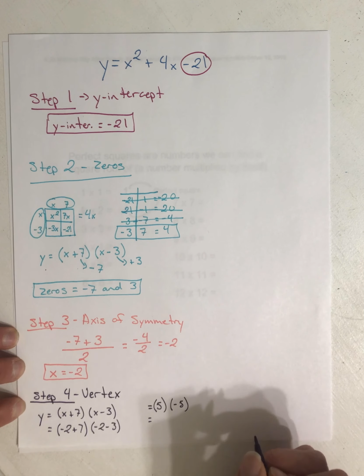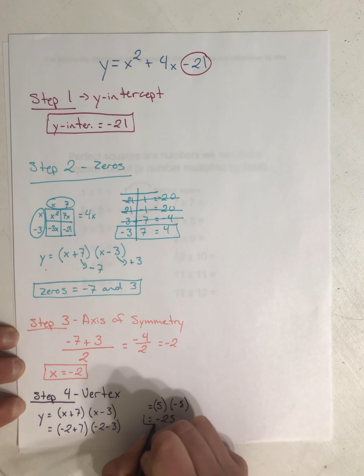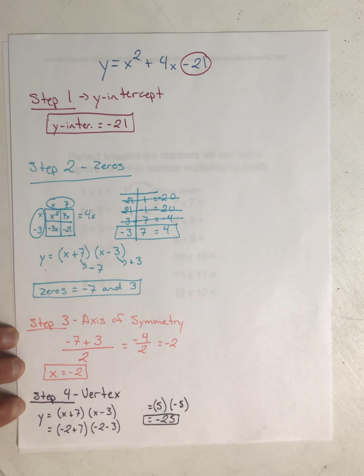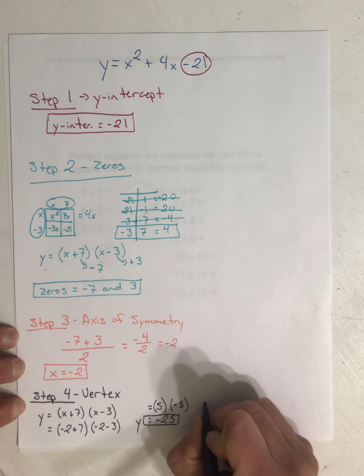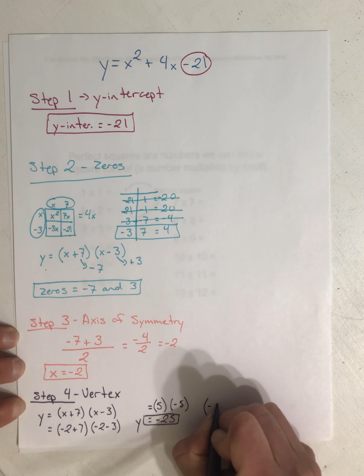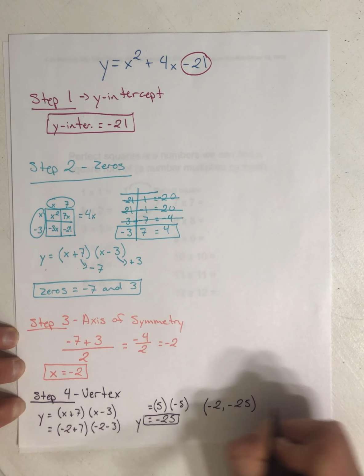So we get this at -25. Okay, so that was our y value for our vertex. So we end up getting our vertex as -2 and -25.